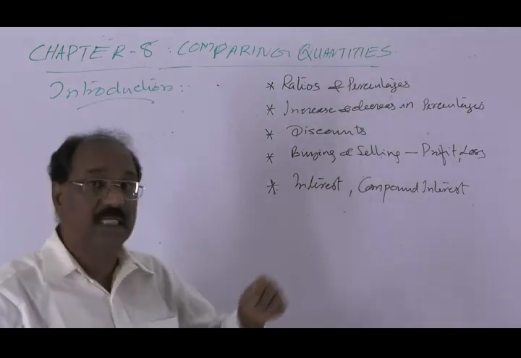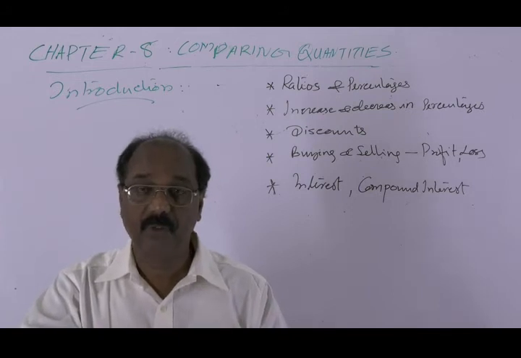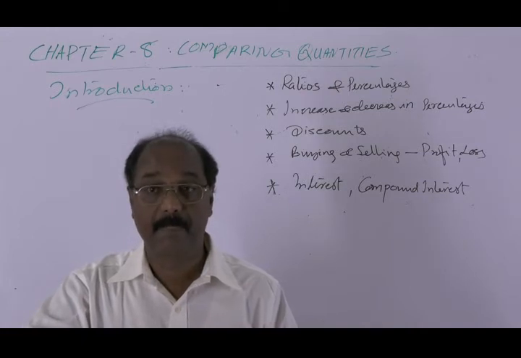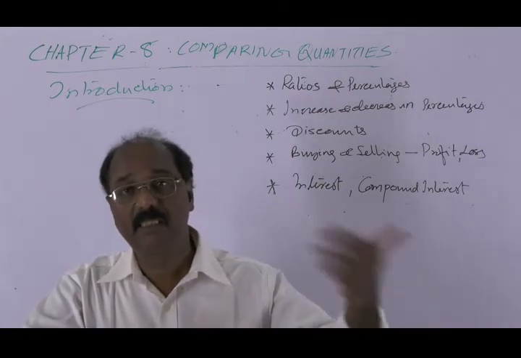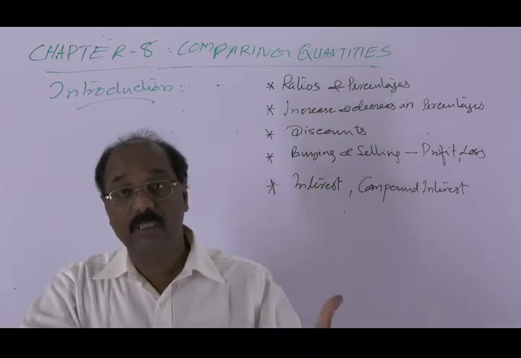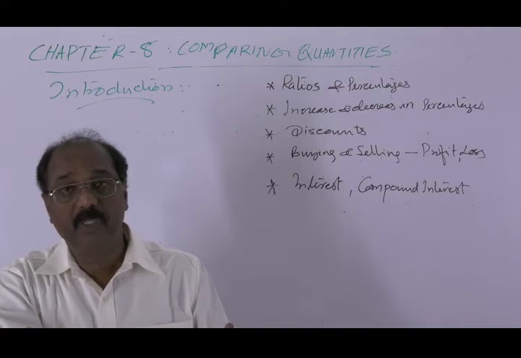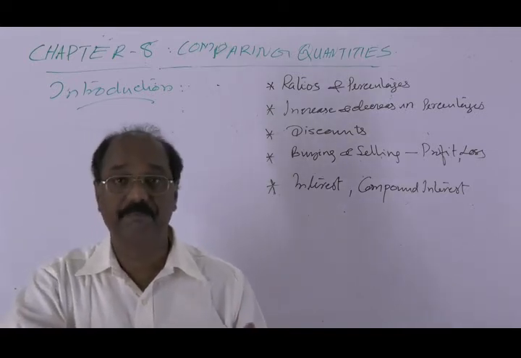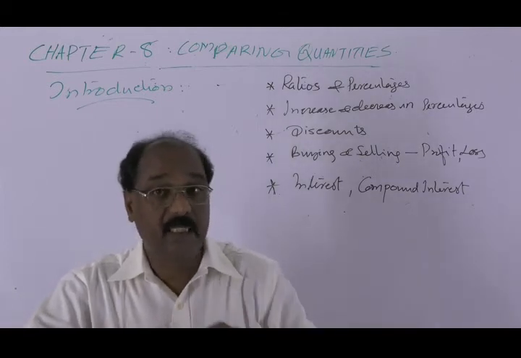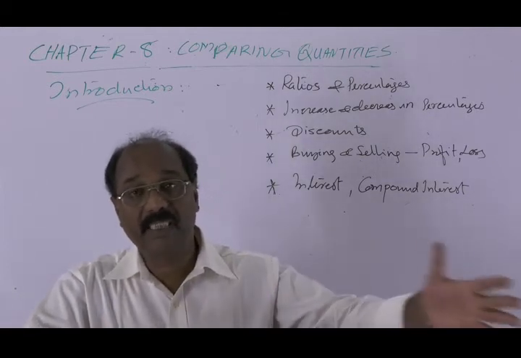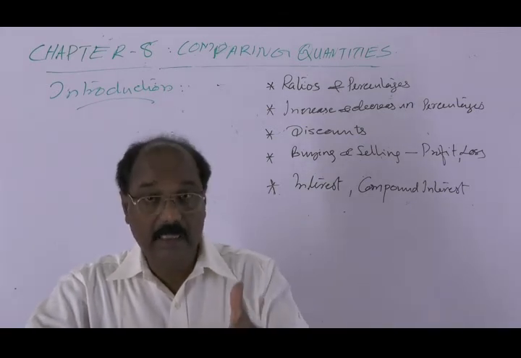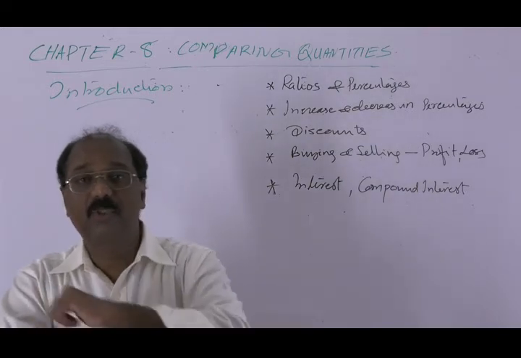And buying and selling, profit, loss. So in the market, we can purchase or buy goods and services. We will get a certain discount, or we can have a certain loss and profit. In the case of the dealer, he purchases goods and services from the wholesaler, and then the dealer sells the goods to the customer.